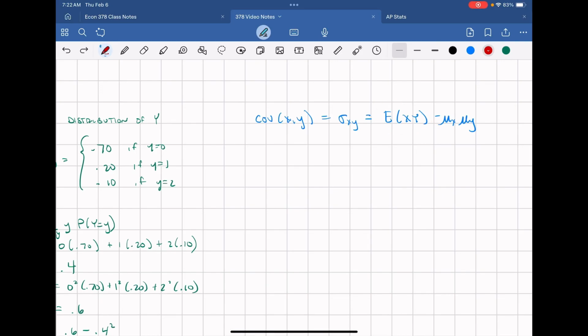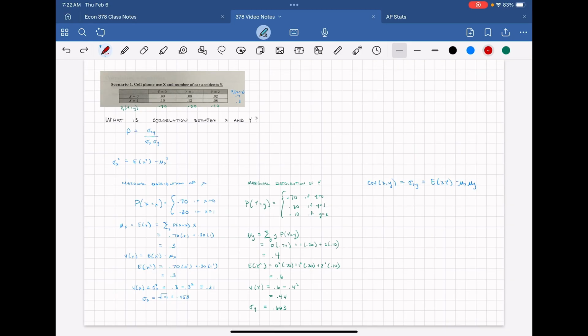So when we look at these values here, we're going to look at the expected value of xy, which is going to be focused on these internal values there.